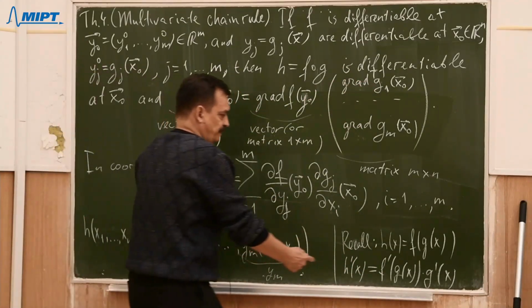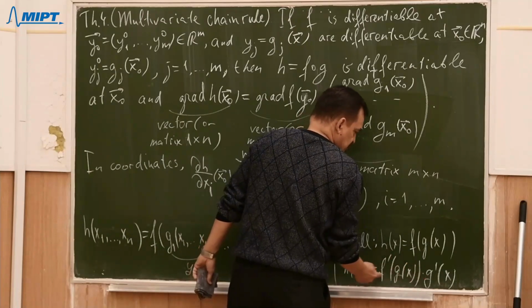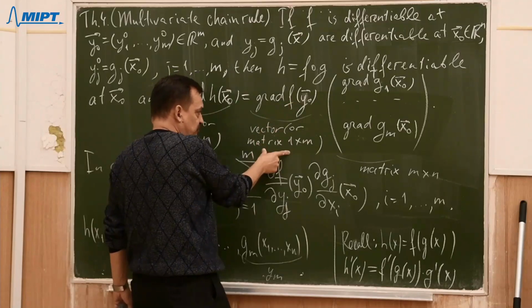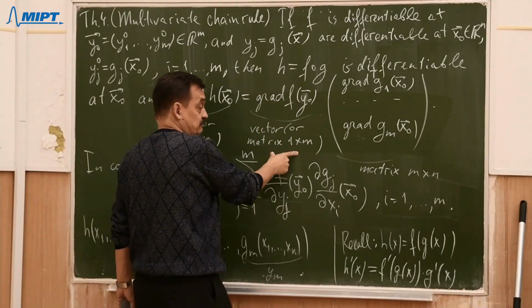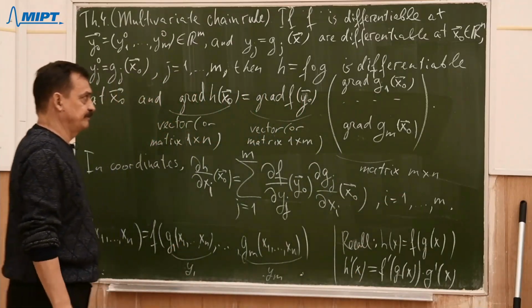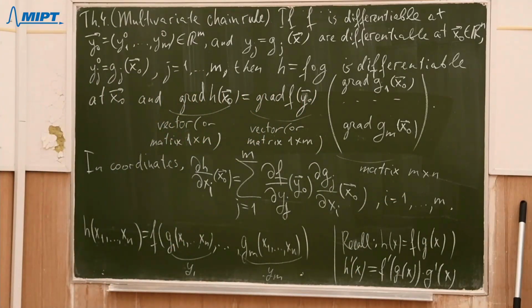So this rule is generalized in that way. So now the derivative is a vector, a matrix 1 times m, and g prime is a matrix m times n. In fact, it also has such a meaning in a rigorous sense, but I don't want to do it in this course.